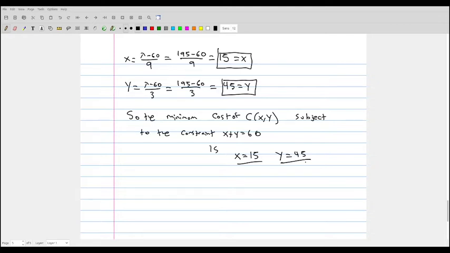So if we produce 15 units of x and 45 units of y, we minimize the cost while maintaining our production constraint of 60 units.